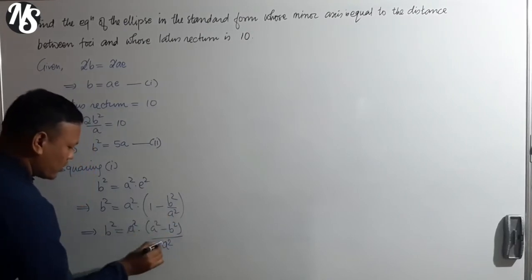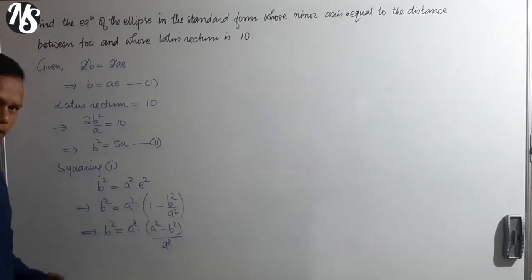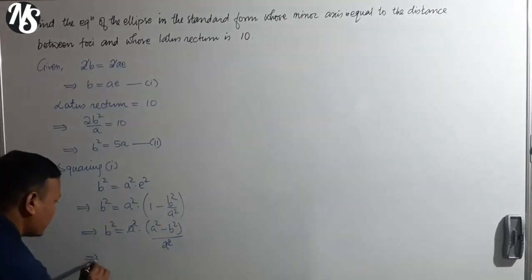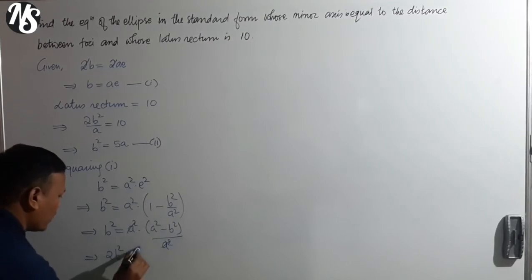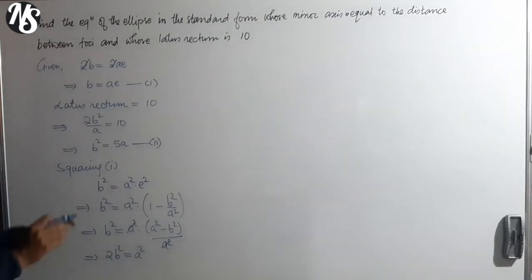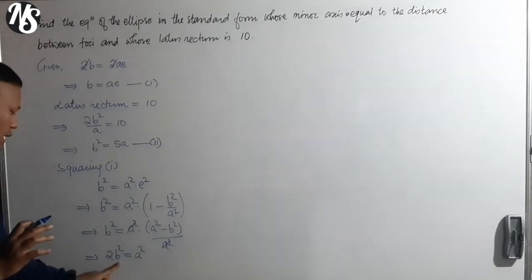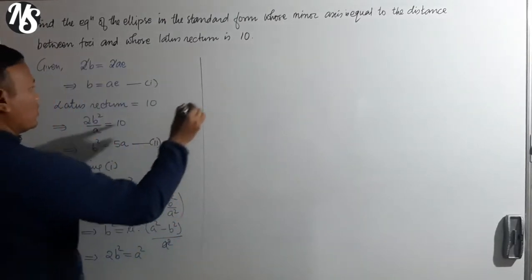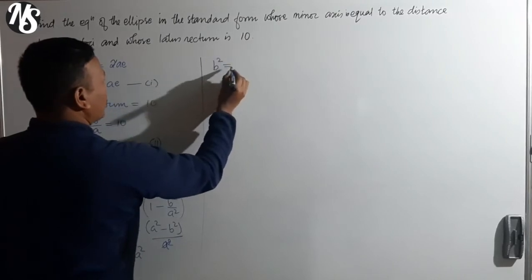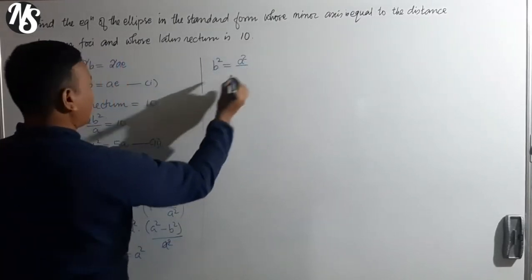The a square and a square get cancelled, so b square is equal to a square minus b square. So b square comes over here, and 2b square is equal to a square. So b square turns out to be equal to a square by 2.